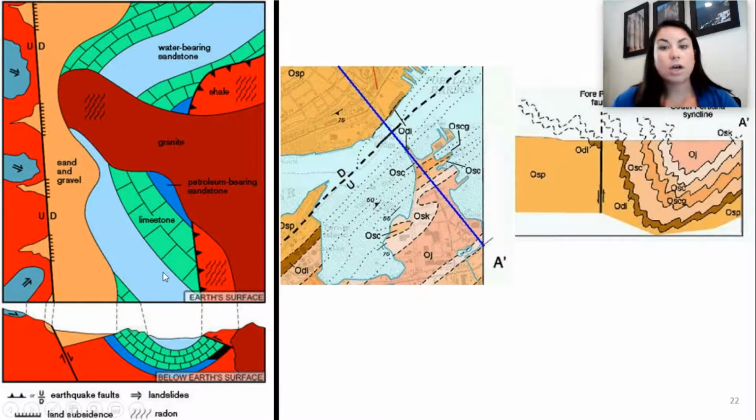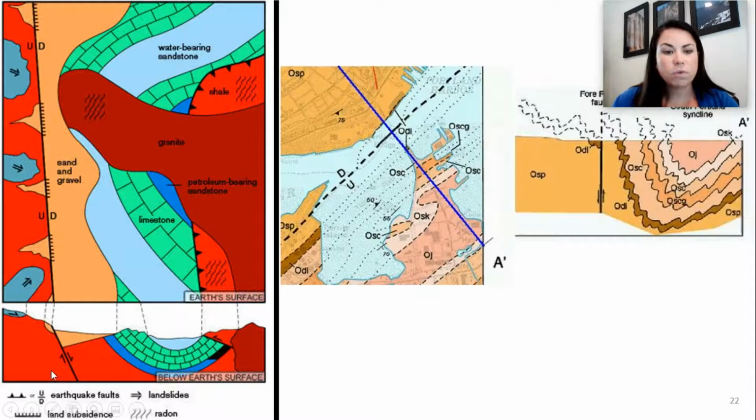Here's a geologic map, and right here is an example of the up-thrown side and a down-thrown side of the fault. So if we were to look at this in cross-section view, again, that's to take a slice right through this map, we would see that this is where the fault is located. This is the up-thrown side. This is the down-thrown side.